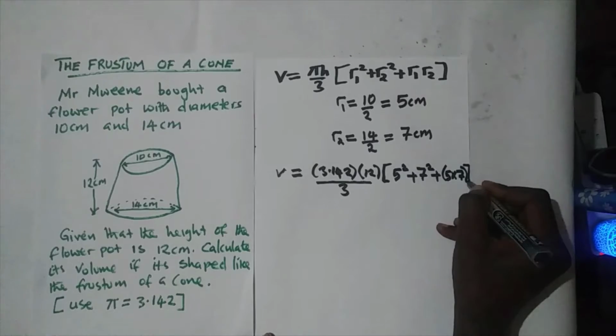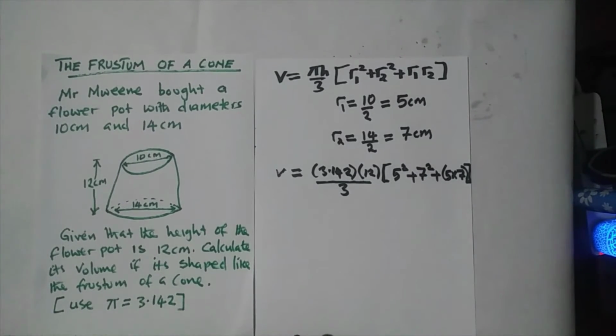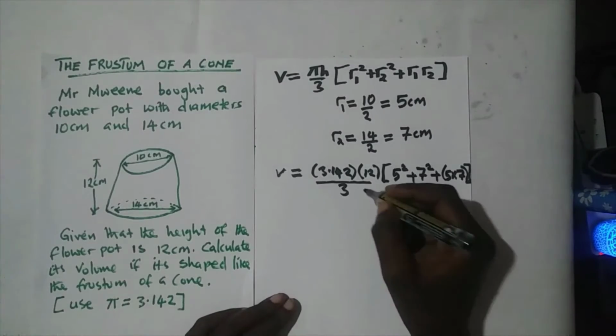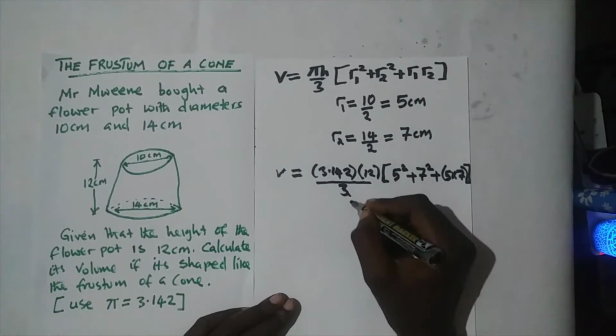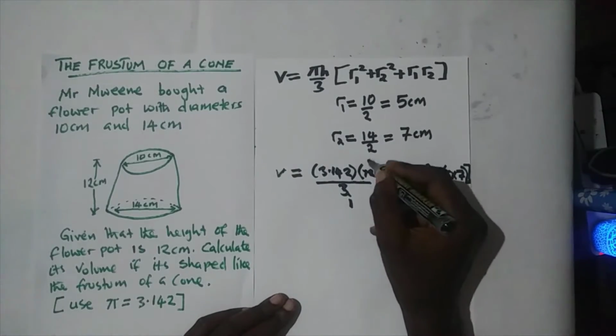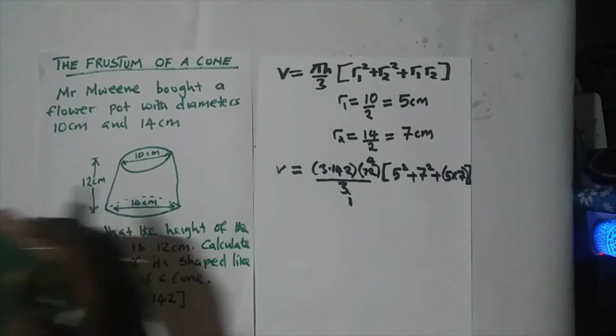Okay, so this is what we have. Now we are going to use our calculator to help us, but we can cancel here because 3 can go into 12. So 3 into 3 is 1, 3 into 12 is 4.